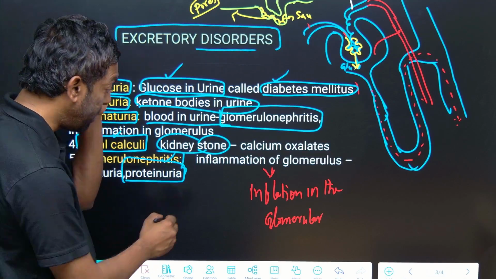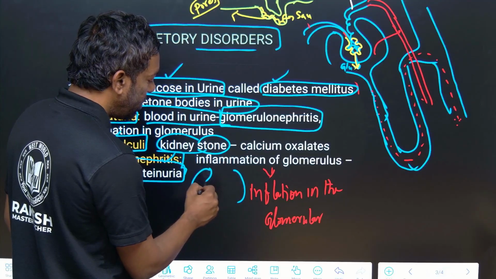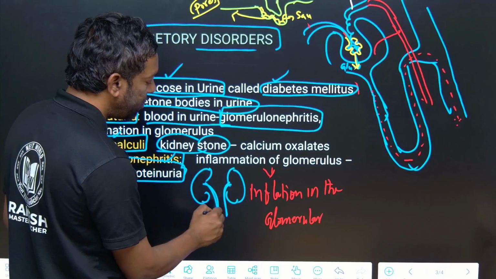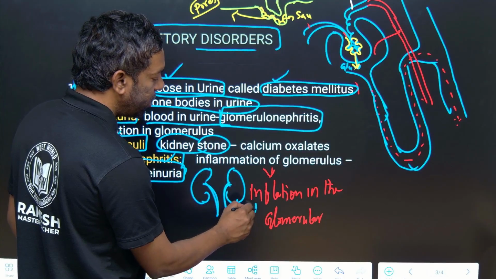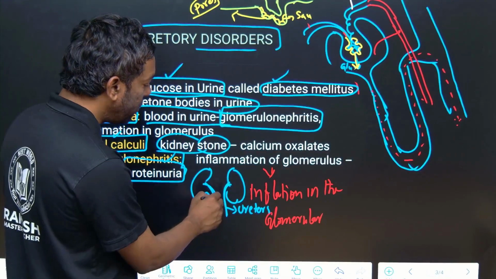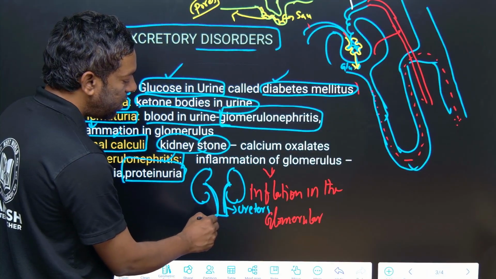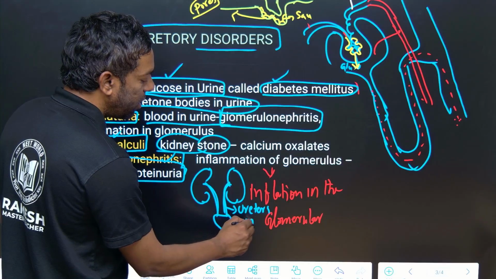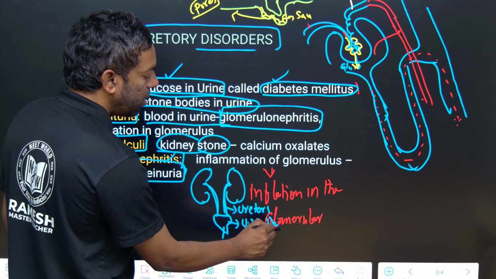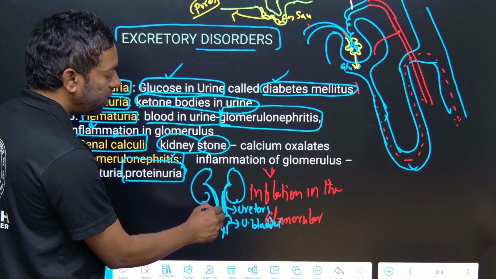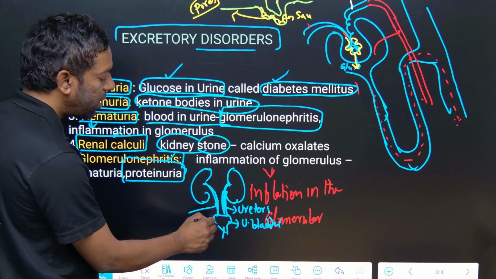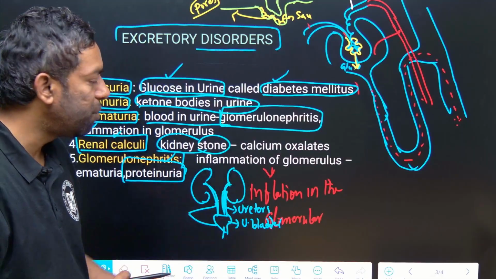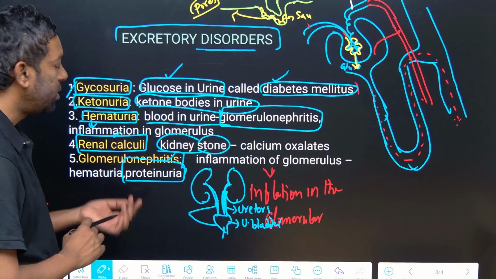The stones are located mainly in the ureters, the tubes that carry urine from the kidney, or in the urinary bladder, which stores urine. If stones are located in any one of these parts, we call it renal calculi.